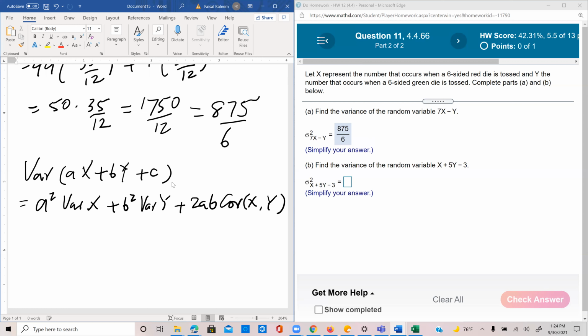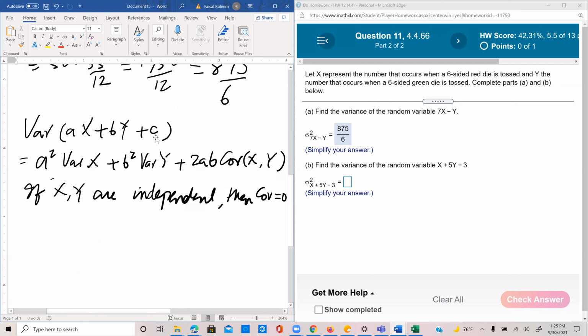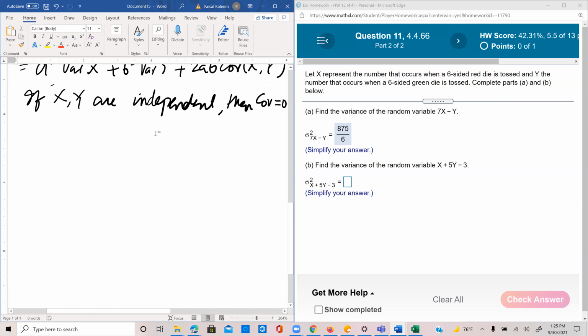But covariance is 0 if the variables are independent. If X and Y are independent, then covariance is 0. So that's why we just did a square variance X plus b square variance Y, because the covariance term would be 0.